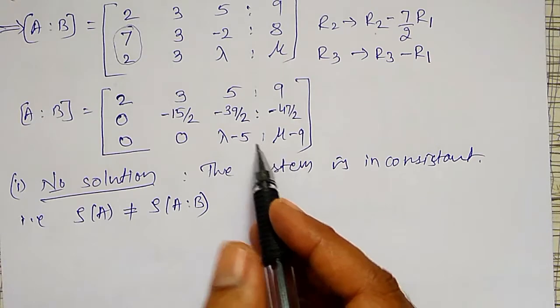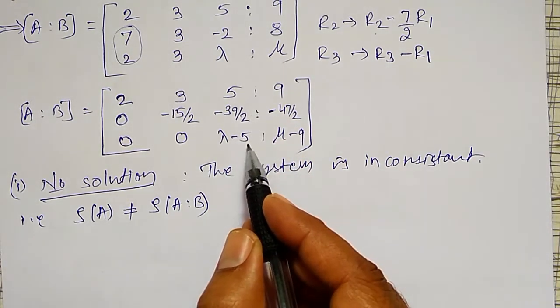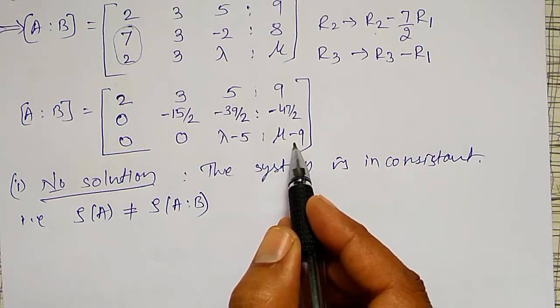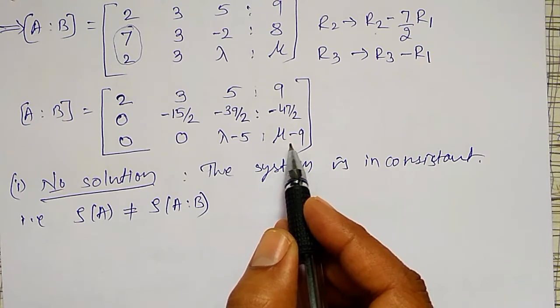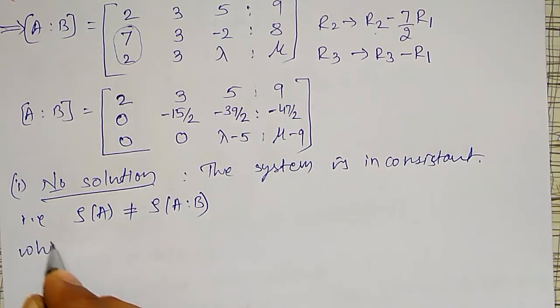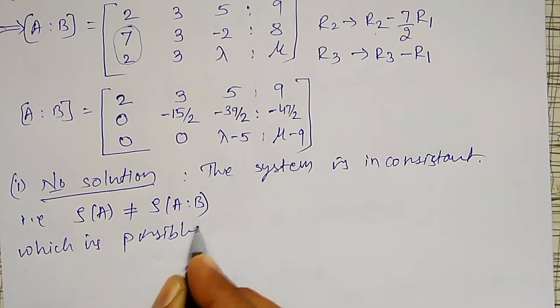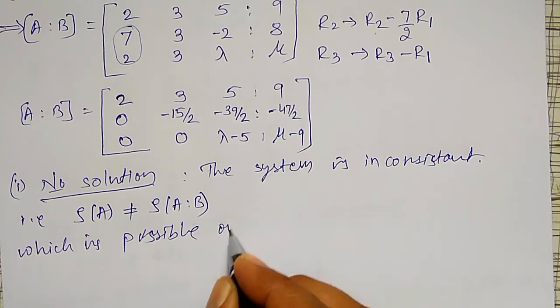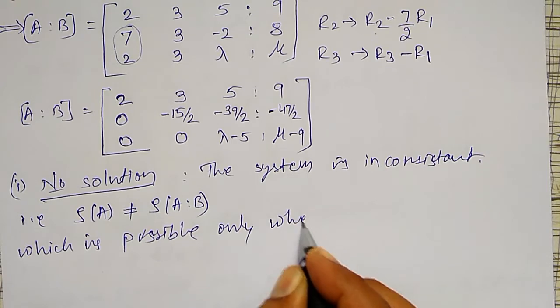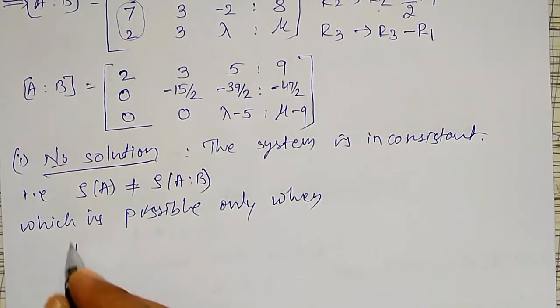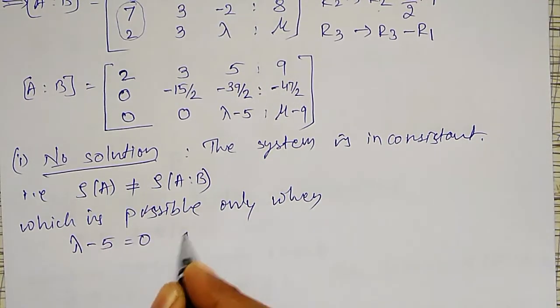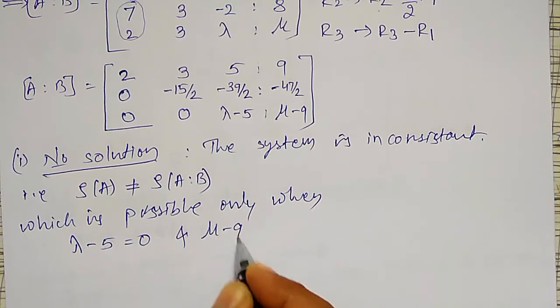It is possible only when rank of A is equal to 2 and rank of A colon B is equal to 3, which is possible only when lambda minus 5 equal to 0 and mu minus 9 is not equal to 0.